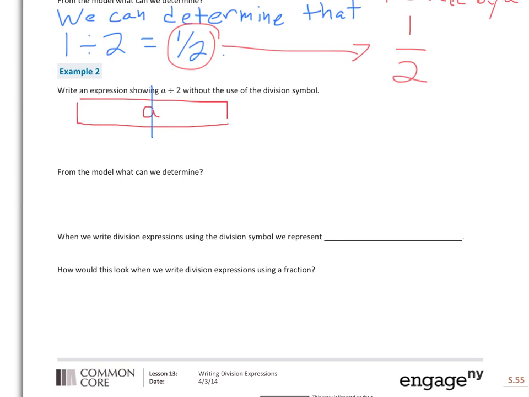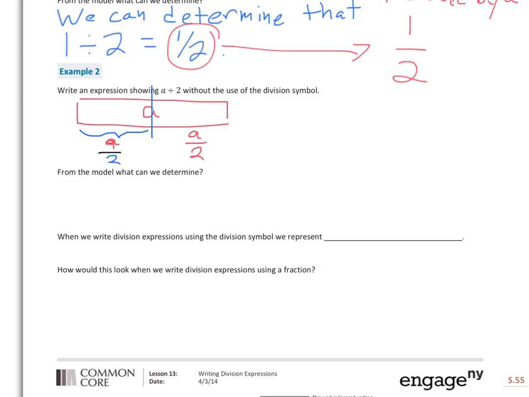So over here on the left, what does this represent? Well, this is the a, right? We took a and we divided it into two pieces. That kind of looks like a 9, but this is an a. So over here is the same thing. So this is going to be a divided by 2, because it's the same thing.